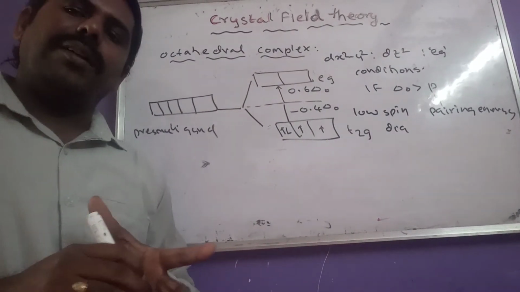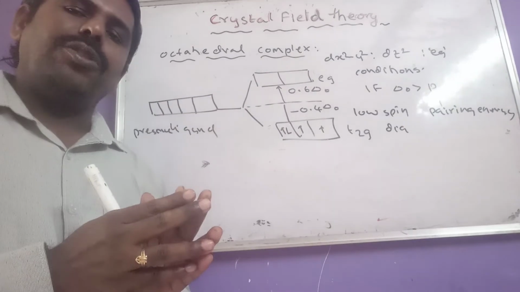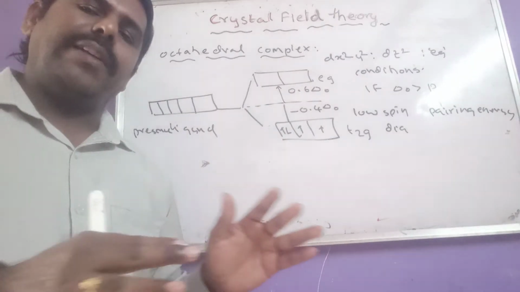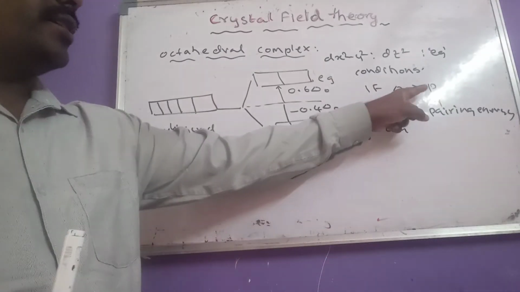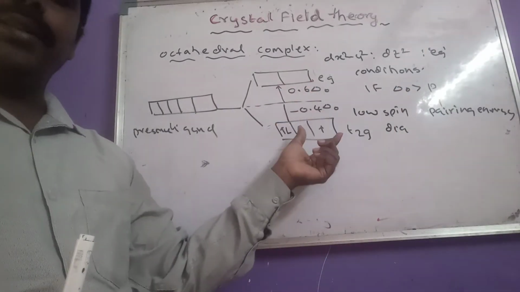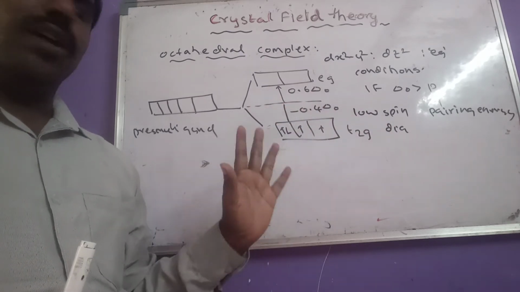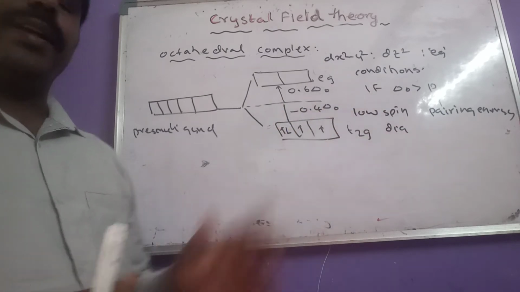Already in valence bond theory we learnt that if a strong ligand approaches, irrespective of Hund's rule, pairing of electrons takes place. So if delta naught is greater than pairing energy, Hund's rule is not followed, and that is a low spin complex and diamagnetic in nature.